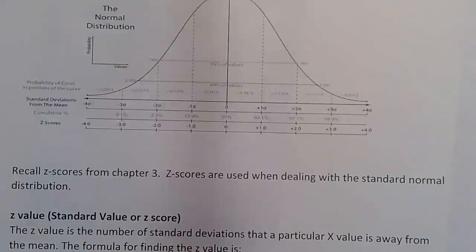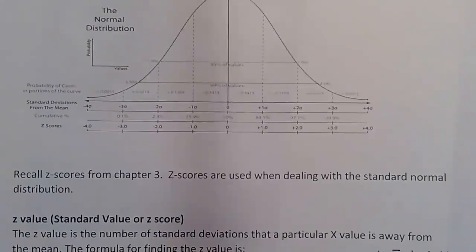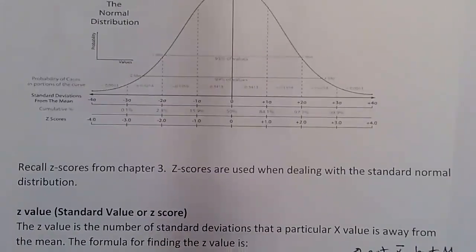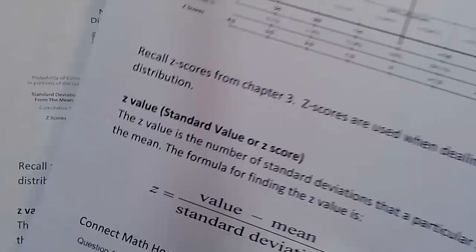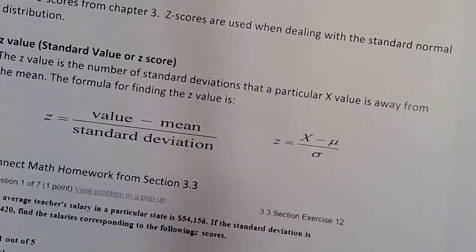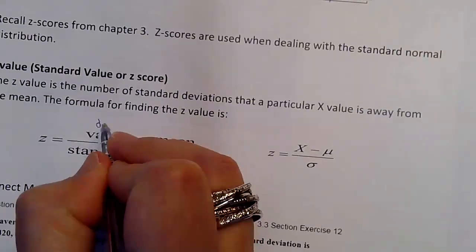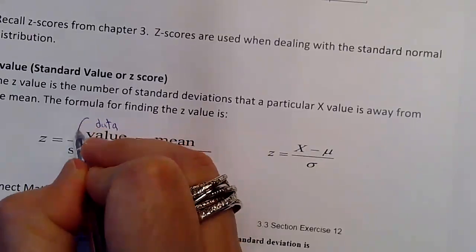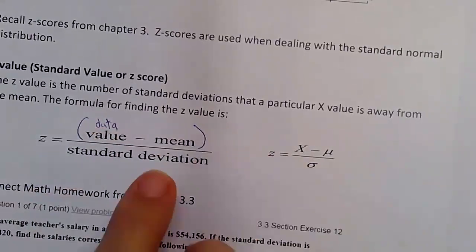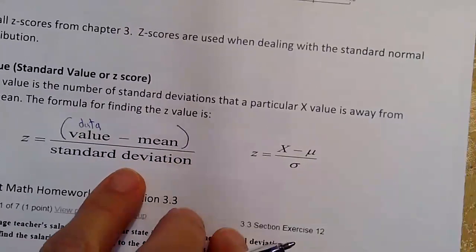And so then they give you the definition, Z-value, the standard value, or Z-score. So the Z-value is the number of standard deviations that a particular X value is away from the mean. And the formula for finding Z, and we saw this before in our chapter 3 test, Z is equal to our data value minus our mean divided by the standard deviation.